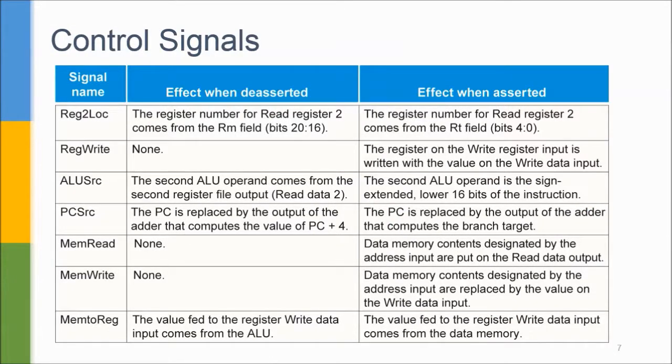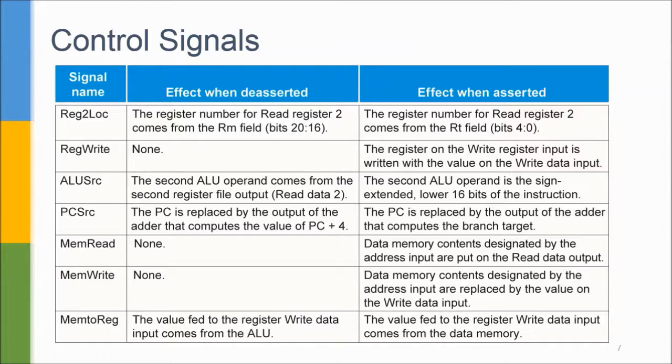Now that we have looked at the function of each of the control signals, we can look at how to set them. The control unit can set all but one of the control signals based solely on the opcode field of the instruction.